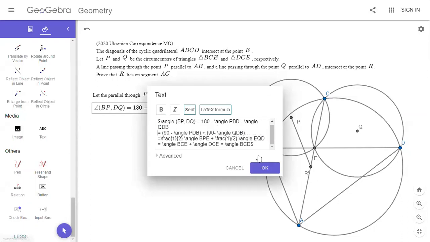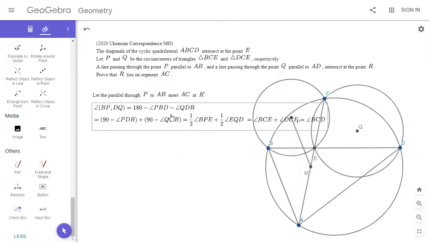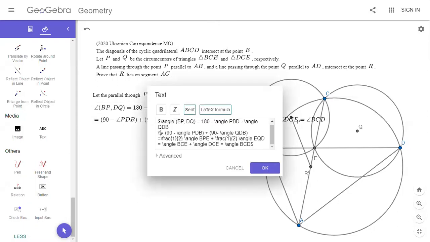How to break it up into separate lines? I could try this. Backslash, backslash. Hey, Rodrigo, thanks for joining. So let's try backslash, backslash. See, does that? Ooh, it worked. I should have done that all along.